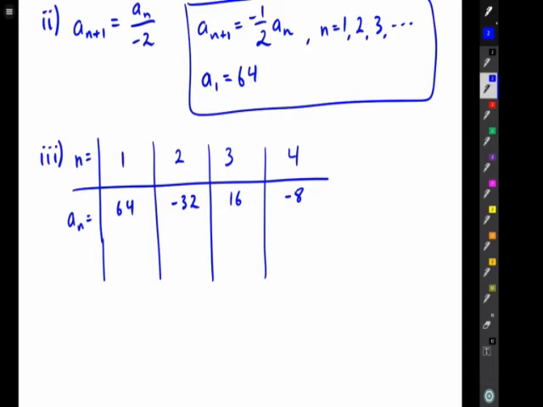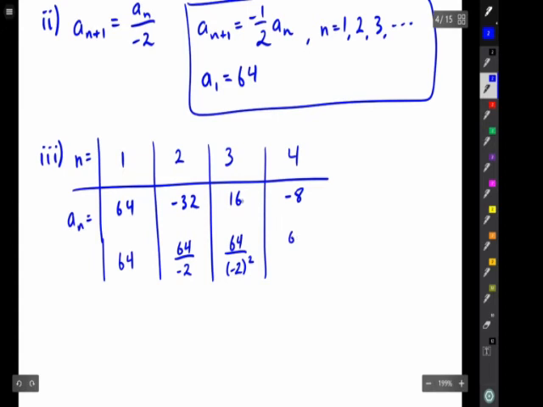Here, we're just going to have a 64. Here, I'm going to have 64 over negative 2. Here, I'm going to have 64 over negative 2 squared, because I divided by the negative 2 twice.